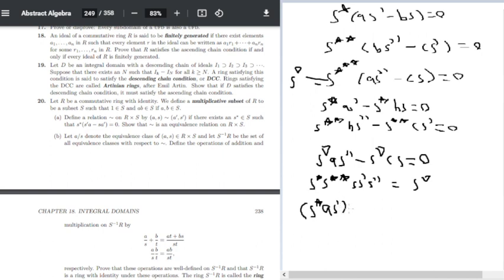Everything else in this, such as S star star, S prime prime, is unnecessary, at least at the moment. And then minus, what do we have with C? So we have C S prime. So we have S star star, C S prime.